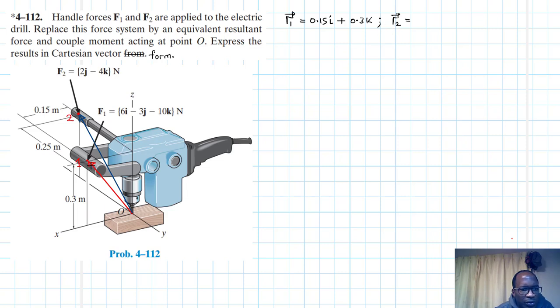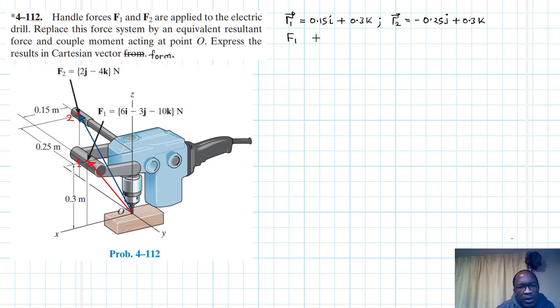So we said 0.15 in the X and 0.3 in the Z. Then for R2, in the X we don't have, but in the Y we do have negative 0.25 j, and then in the Z it is 0.3 k. Great.